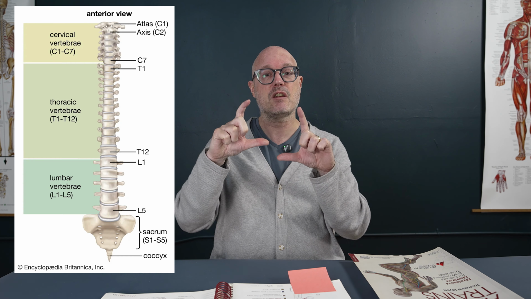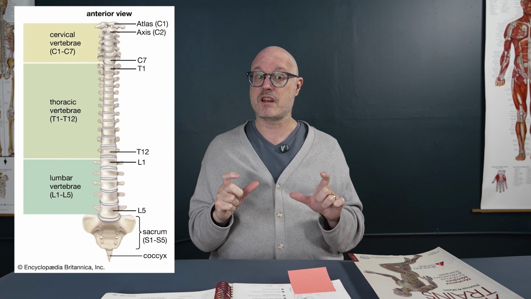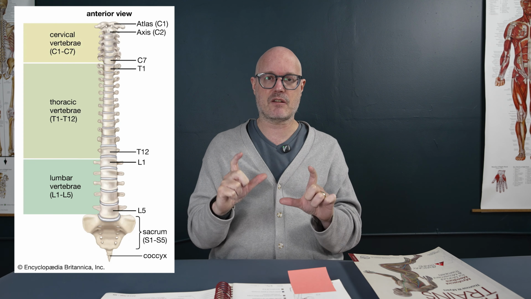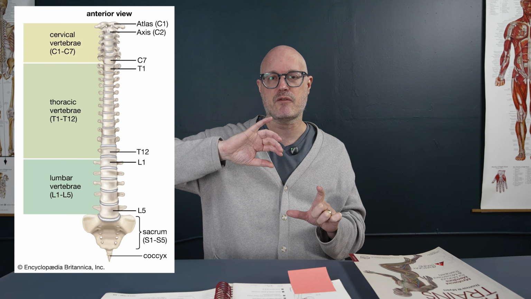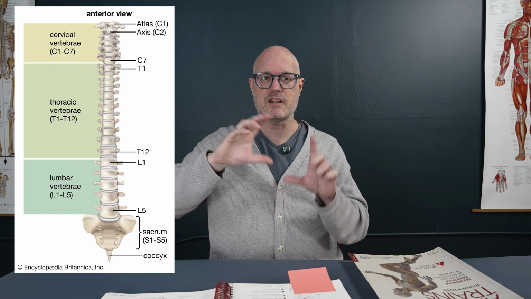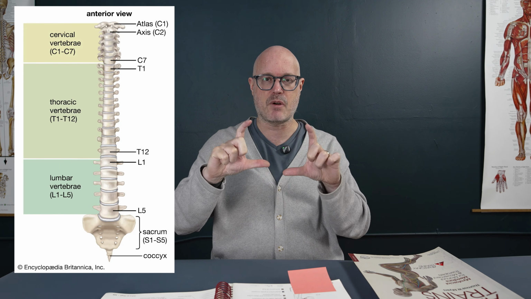And then below that, you have the sacrum. When you hear about your SI joint, your sacroiliac joint, they're talking about the sacrum. And that has anywhere from 3 to 5 vertebrae that are fused together into this one block of bone. It is slightly different on different people. It can be anywhere from 3 to 5.